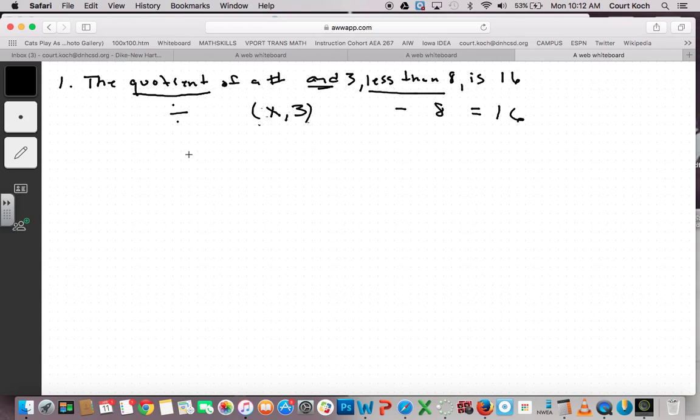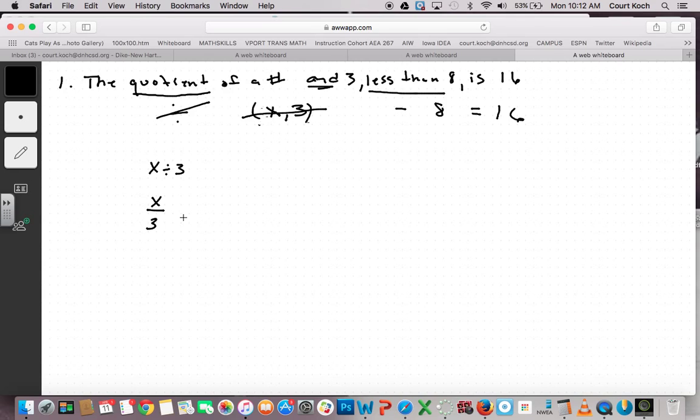So I'm going to start left to right on this one. That's just kind of a good place to start. And a quotient, I can say x divided by 3. I can say x over 3. I'm going to build this two ways. So I've tackled this and I've tackled this.